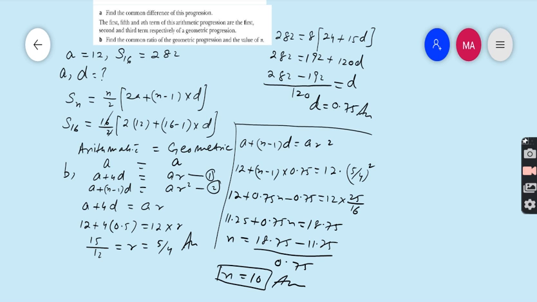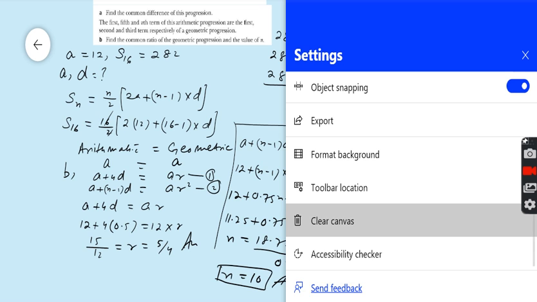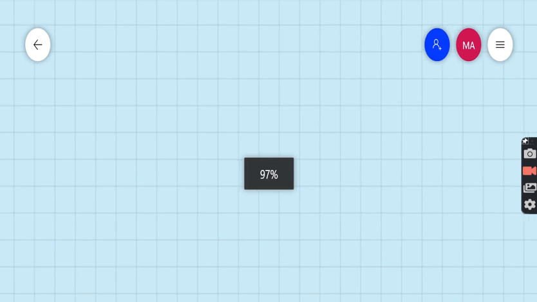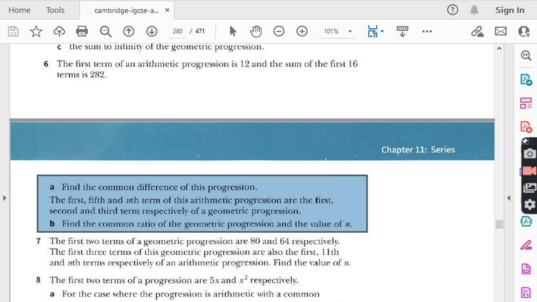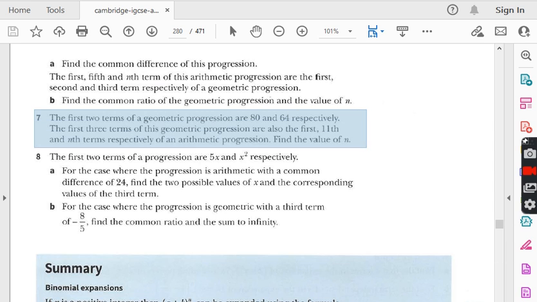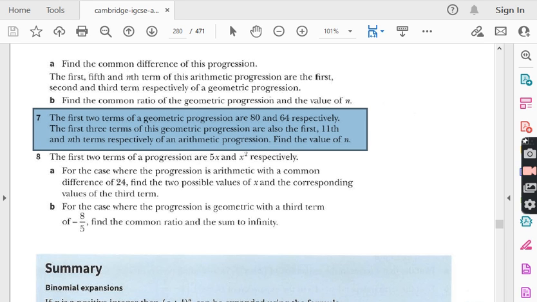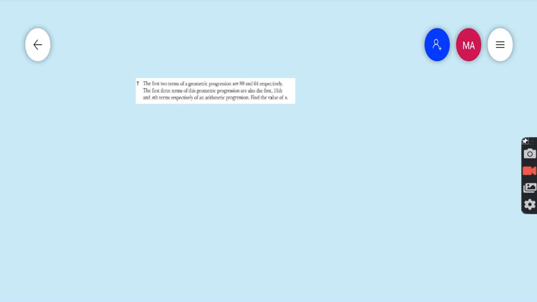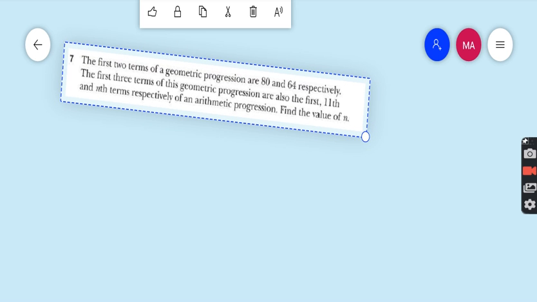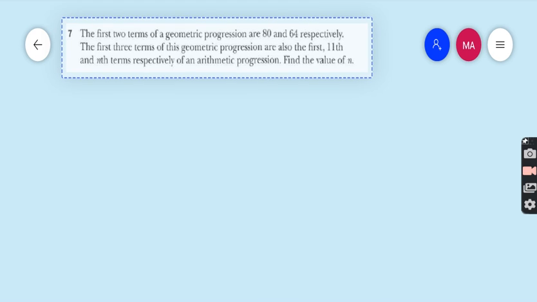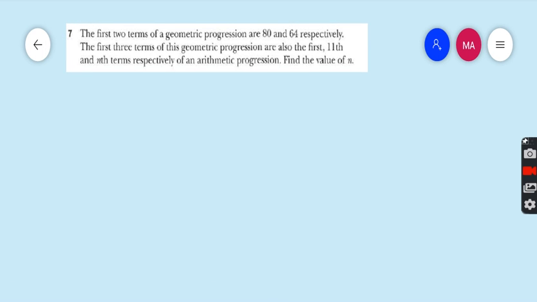Let's start question number 7. Question number 7 is, the first two terms of a geometric progression are 80 and 64.